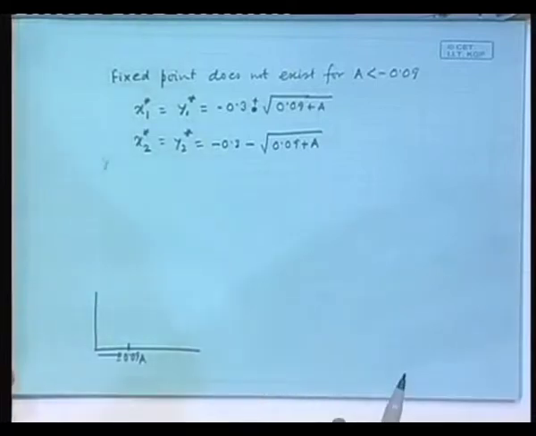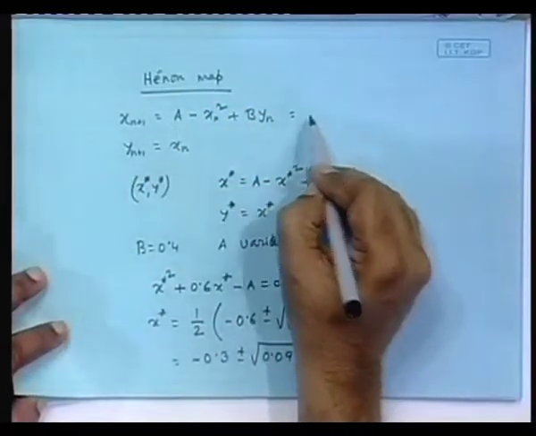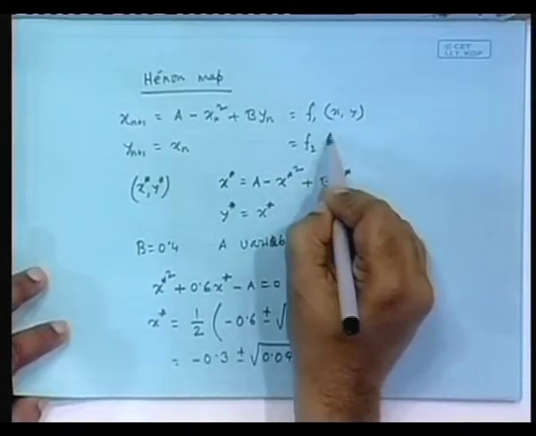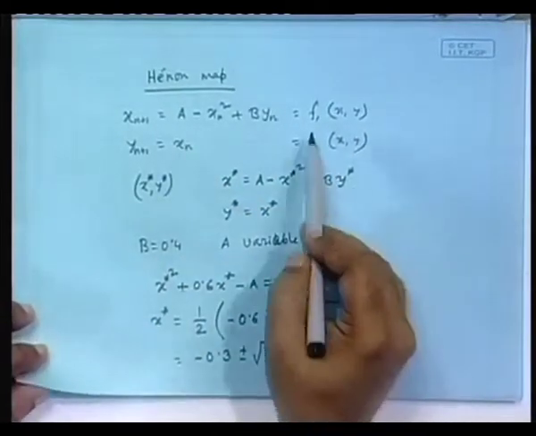Now, we need to find out what kind of behavior they have. How will you do that? We have to take the Jacobian and study each one individually. So, you take the Jacobian of this equation, this is your F1 and this is your F2. What will be the first term?